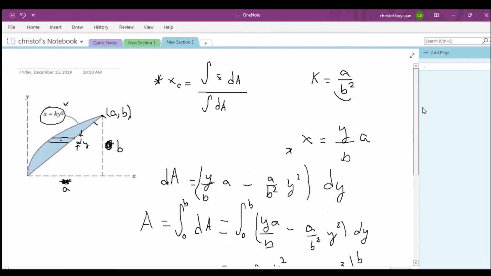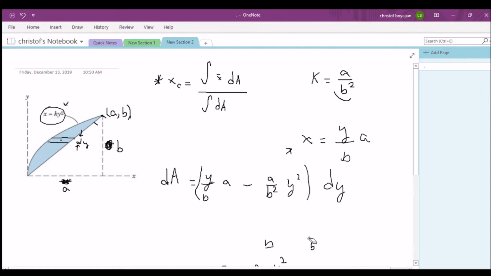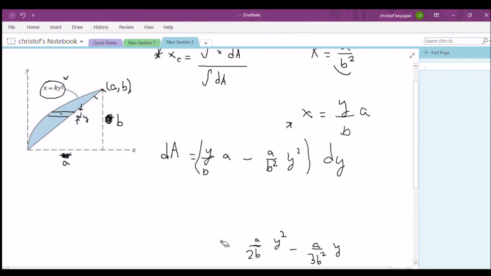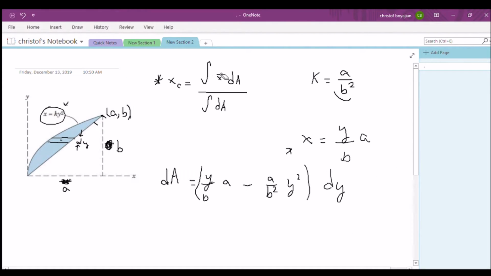All right? So now let's go ahead and I'm going to erase some of this stuff right here. And we're going to solve for our x-coordinate first. All right? So in order to do that, we need to know, as we have up here, what is our x bar?